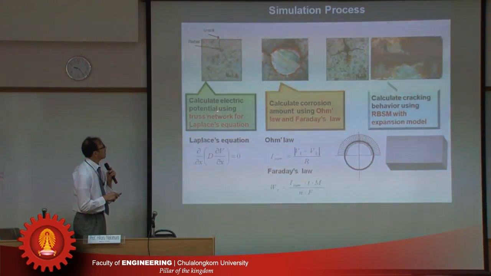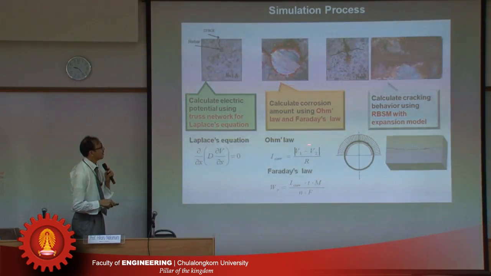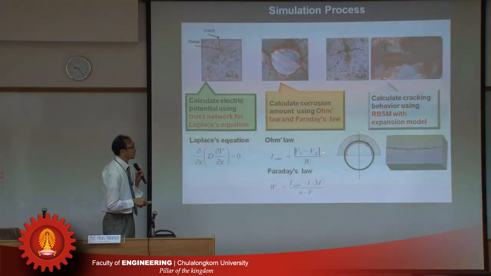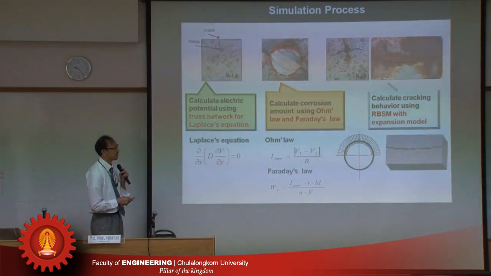Using the electric potential, we can calculate the corrosion current. And using the corrosion current, based on Faraday's law, we can calculate the corrosion amount. Then we assume expansion pressure using this corrosion amount and simulate using the RBSM, so we can simulate the cracking pattern. This is the process.